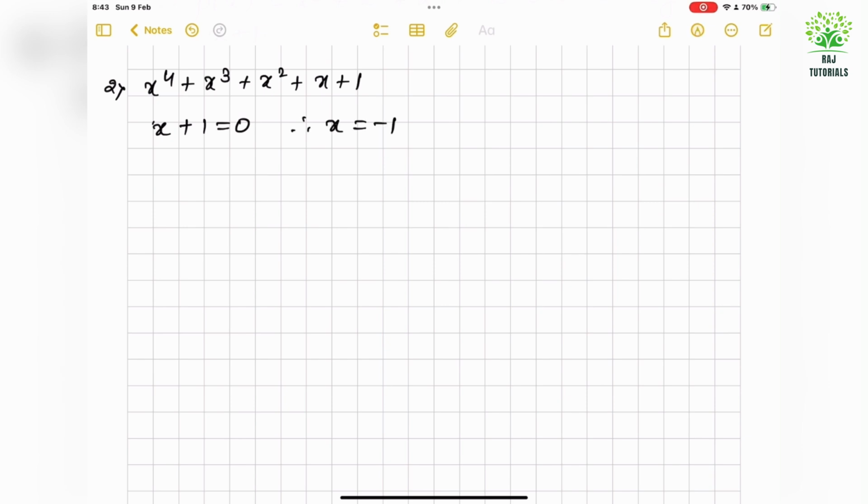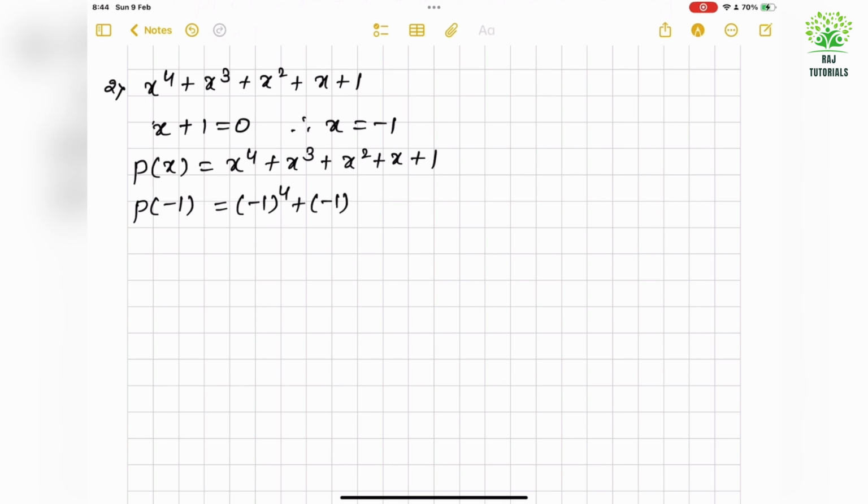So p of x equal to x raised to 4 plus x cube plus x square plus x plus 1. So p of minus 1 will be minus 1 raised to 4 plus minus 1 raised to 3 plus minus 1 raised to 2 plus minus 1 raised to 1 plus 1.